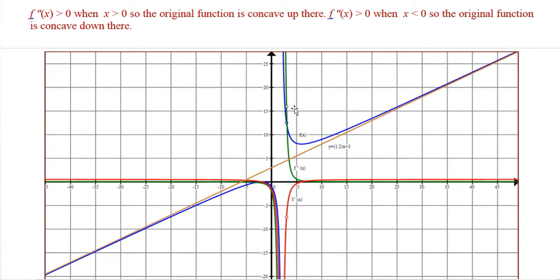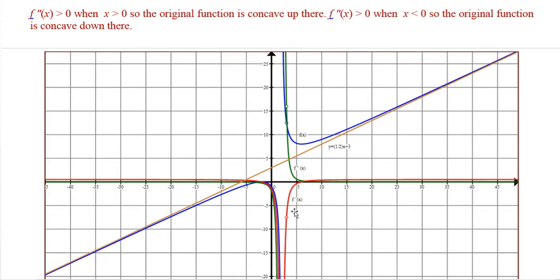And at 3 something up here, we have a hole in the graph on the second derivative, and the red one is the first derivative, which has a hole in the graph right there. So the first derivative is here in red, the second derivative is in green, and the original function is in blue.